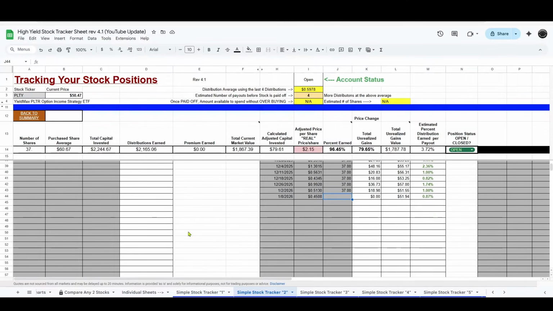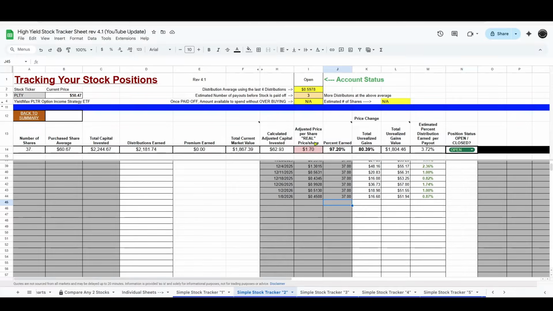Next, we have PLTY. And on PLTY, we earn 45 cents. And I have a total of 37 shares. So my real price per share of $2.15 now becomes $1.70. We are getting closer and closer and closer to getting this one paid off.